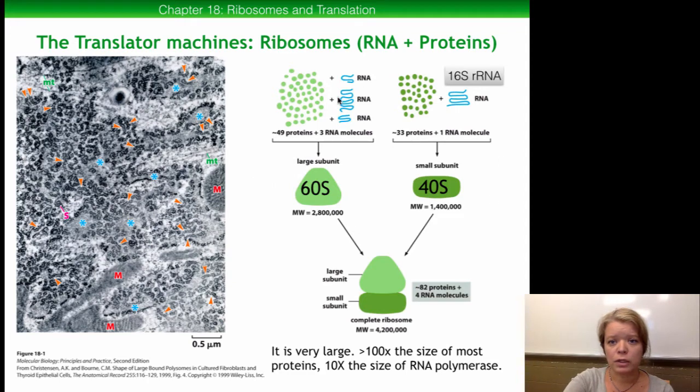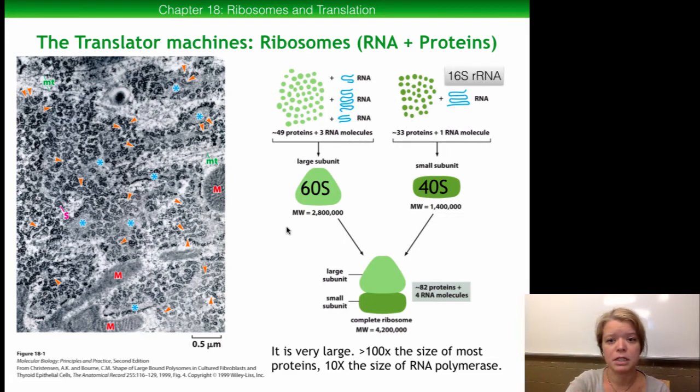A little bit about the way that the large and the small subunits of the ribosome are named. In bacteria, it's the 50S versus 30S subunit. In eukaryotes, it's the 60S versus 40S. The S stands for Svedberg units. Svedberg units are a way to measure density of something during a high-speed centrifuge spin.